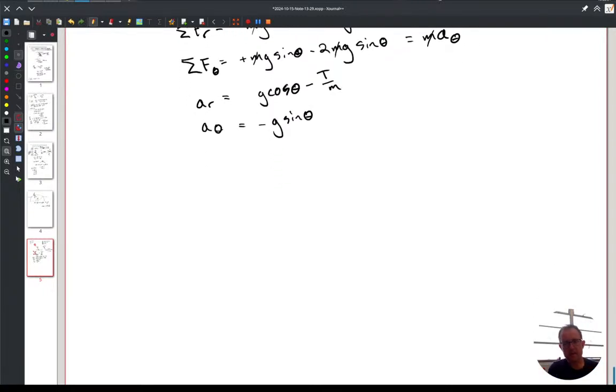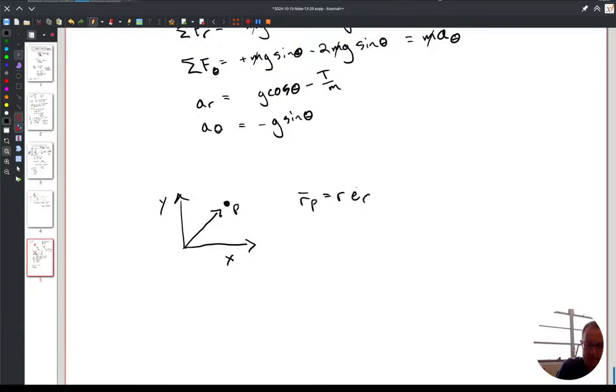And this a_r, I keep looking it up, but here I'll take a minute to actually talk through how this works. So let's say I have an X coordinate and a Y coordinate. If I want to describe this position P, the position of P is R times ER, where this is my ER unit vector.